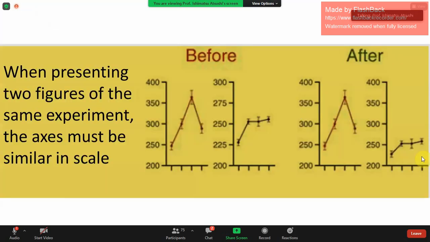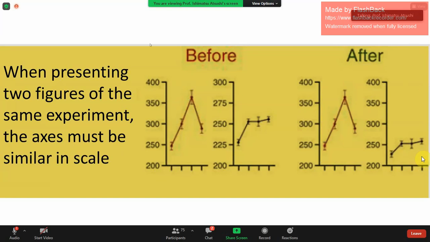This is the last slide for the figure. And again, I'm very sorry about the low quality of this slide. But the thing I would like to tell you is when presenting two figures of the same experiment, then the range or scale of y-axis should be the same, not like this one.